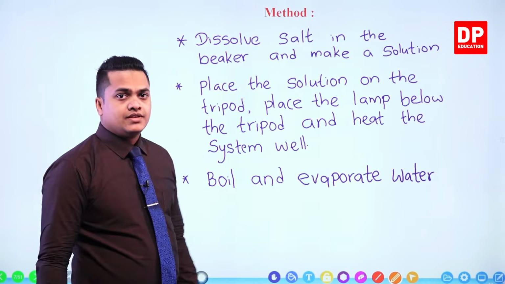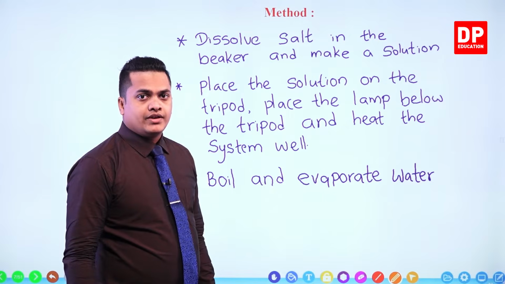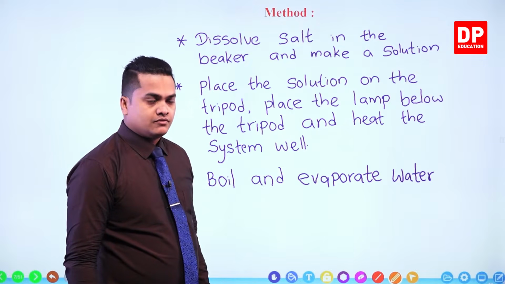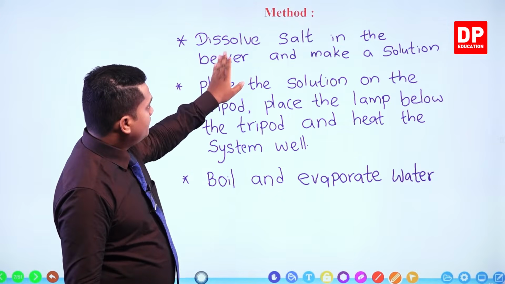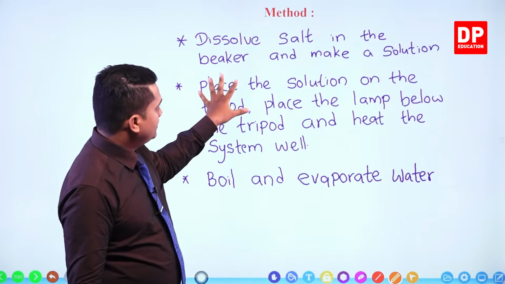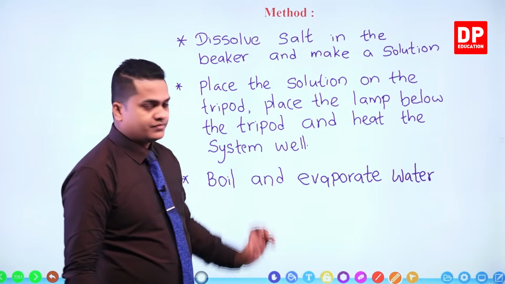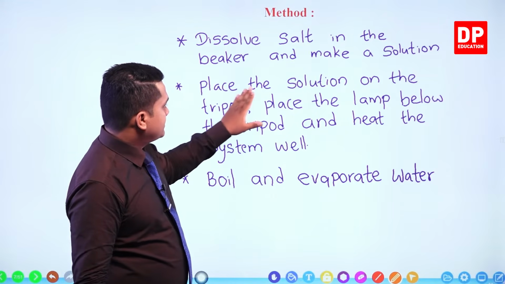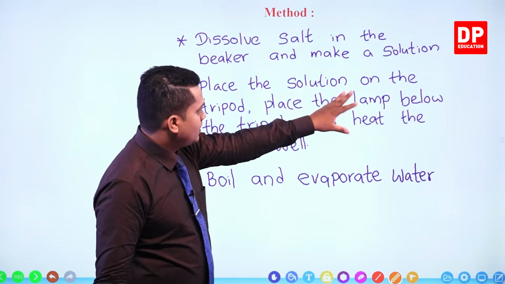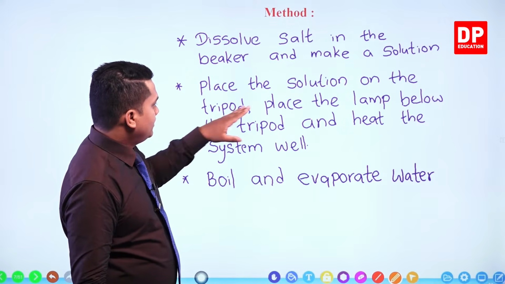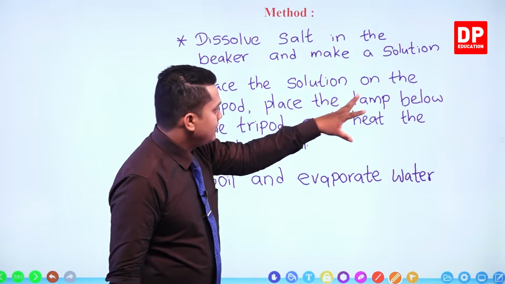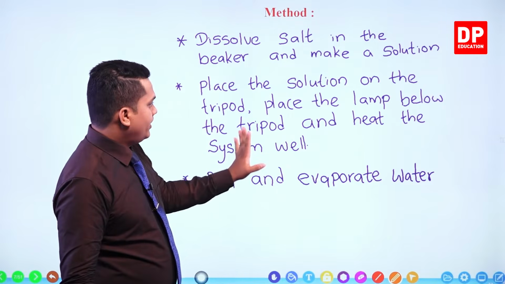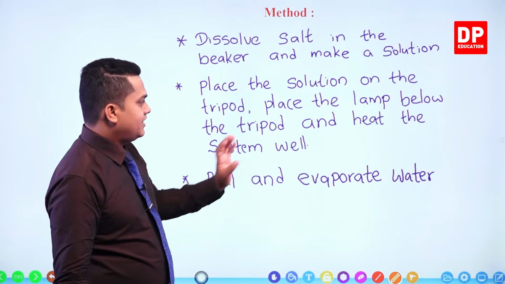Right, so this is the method of doing this experiment. First of all, dissolve salt in the beaker and make a solution. Place the solution on the tripod. Place the lamp below the tripod and heat the system well.